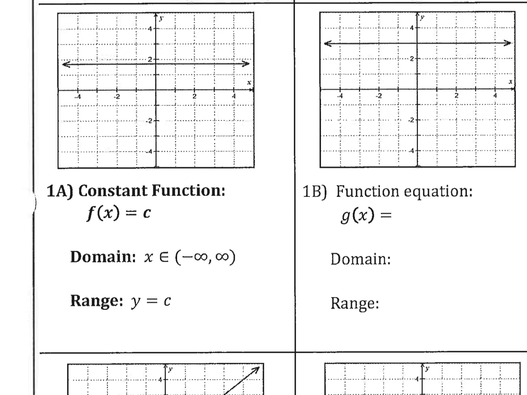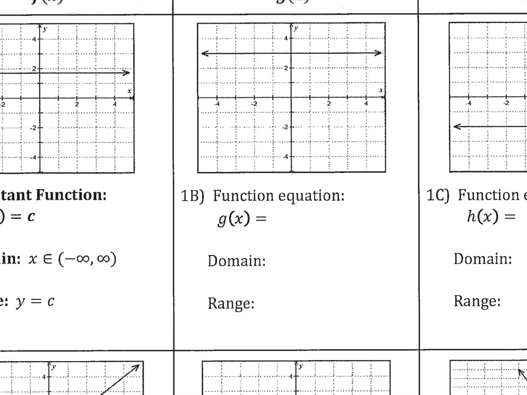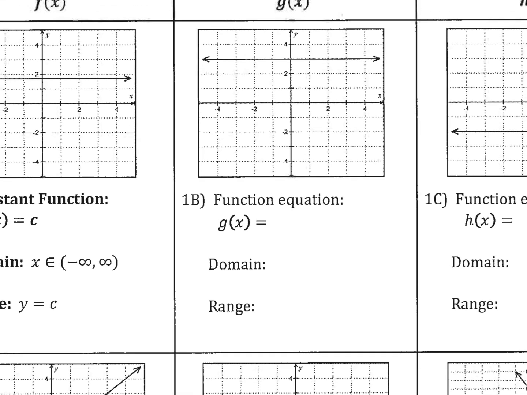It says f of x equals c, right? And the range is y equals c. So what is this number right here? Where is it at? 3, right? So this is the function g of x equals 3. What is its domain? All real numbers.